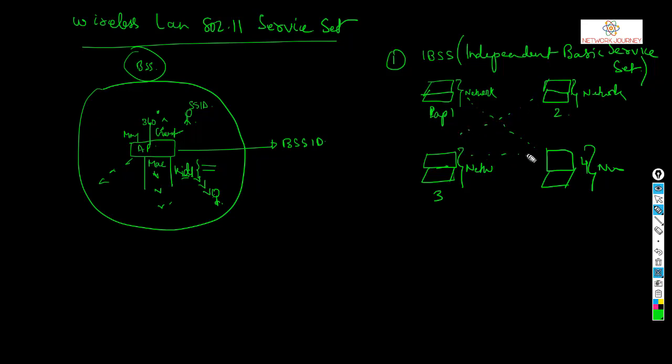The best example is your ShareIt, right? An application like ShareIt. Do you think you always need an access point between two ShareIt devices? No. You open up that ShareIt application, you set up some local network, and you ask your friend to join that network, and then you can exchange files, right?